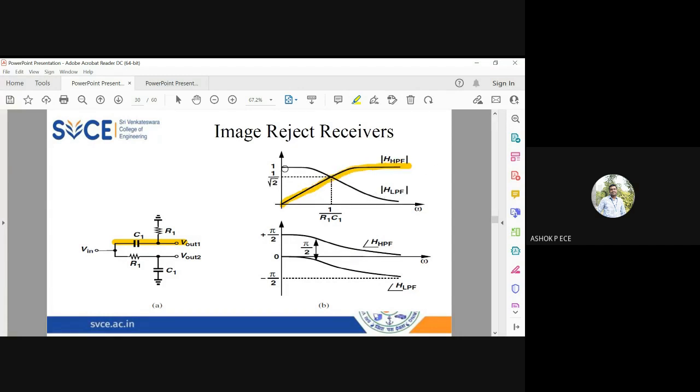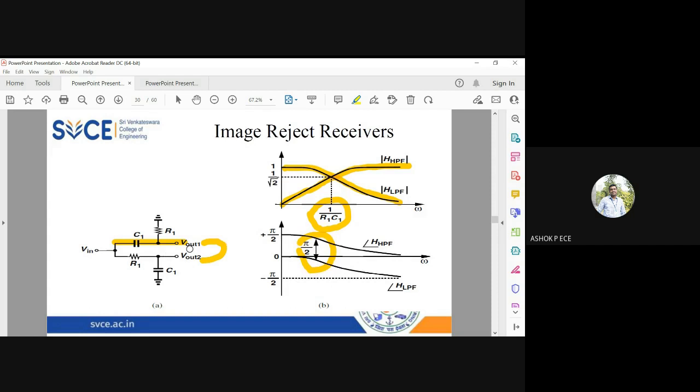And the low pass filter allows the low frequency and attenuates the high frequency, and the cutoff frequency is given by 1 by 2 pi R1 C1. And you can see the phase shift of 90 degrees maintained between HPF and LPF. So if you find the phase shift between the two signals at Vout1 and Vout2, they will always be out of phase by 90. From the diagram, you can see a constant phase shift of 90 is maintained between HPF and LPF.